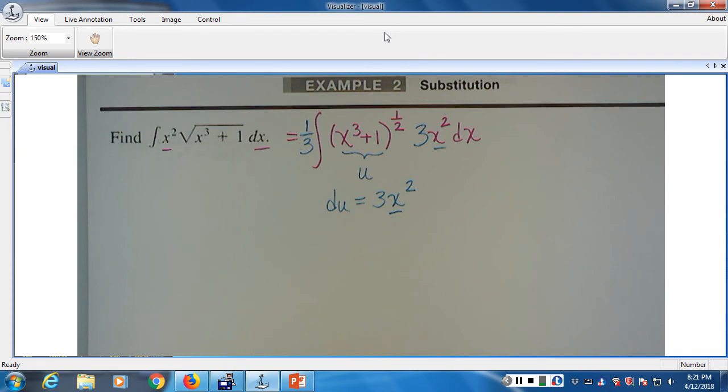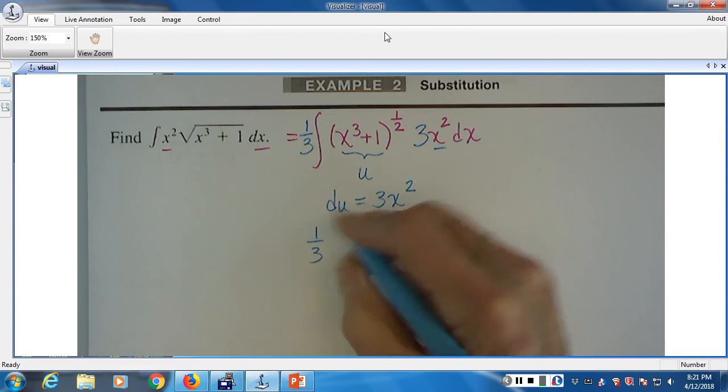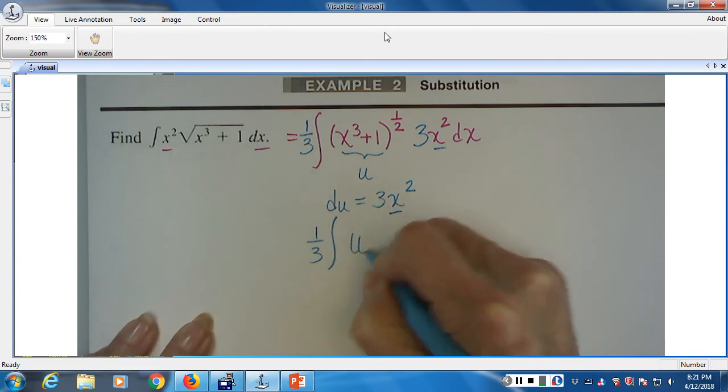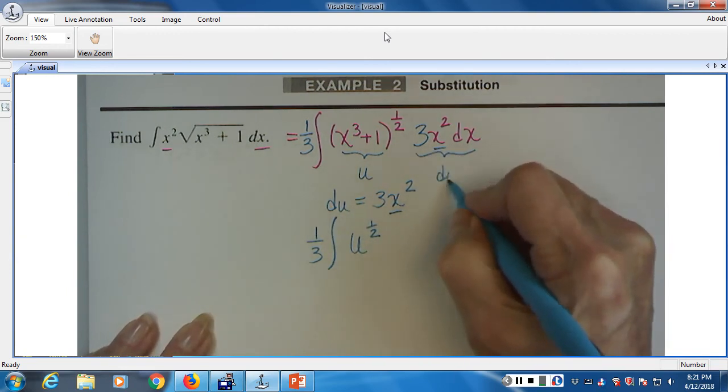Now that I've done that, I just simply do the same thing I did before. This is actually going to be u to the 1/2 power with a 1/3 in front of it. And this is all just going to be du.